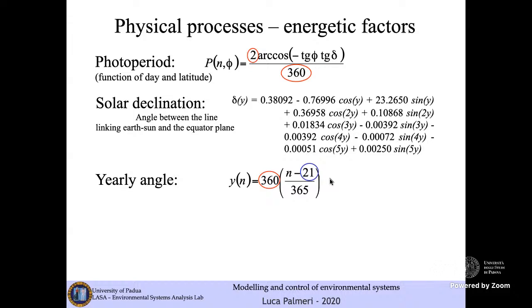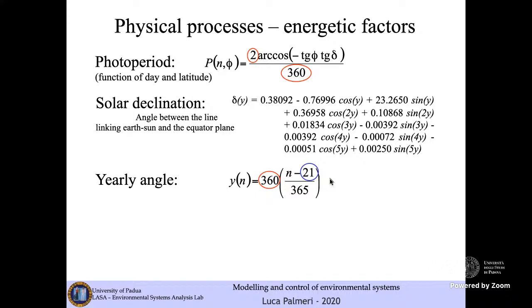How can we model mathematically the effect of solar radiation onto the biosphere? We have to introduce some quantity, in particular the photoperiod. The photoperiod is a function of the day and of the latitude, and is the fraction of the day in which there is light onto your ecosystem.